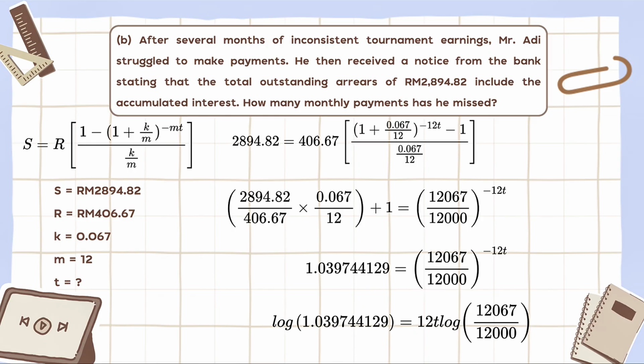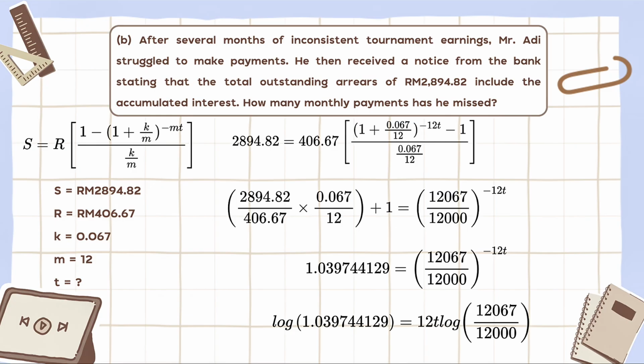First, we have to substitute the value, and then we have to rearrange the formula to isolate the exponential term. After substituting the number, we will get to the next step, which simplifies to 1.039744129 equals 12067 over 12000 powered by negative 12t.